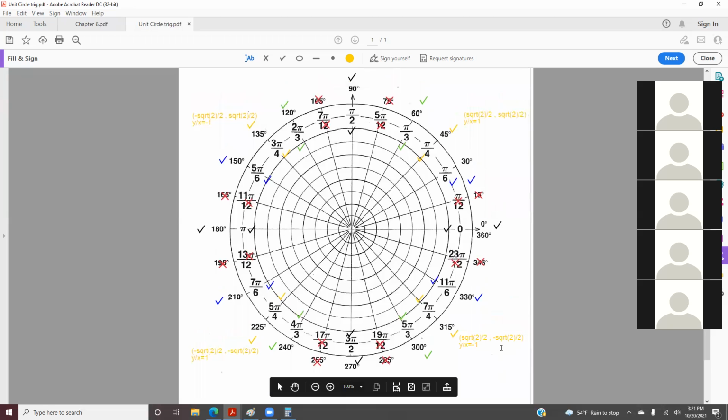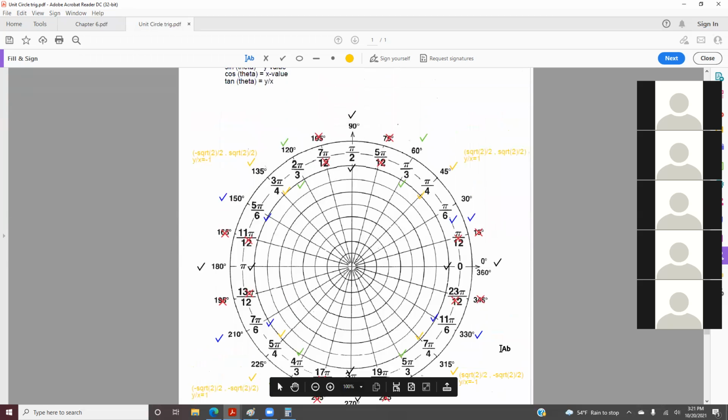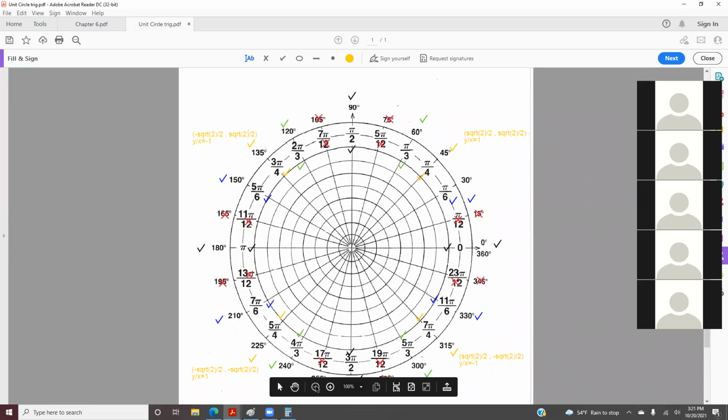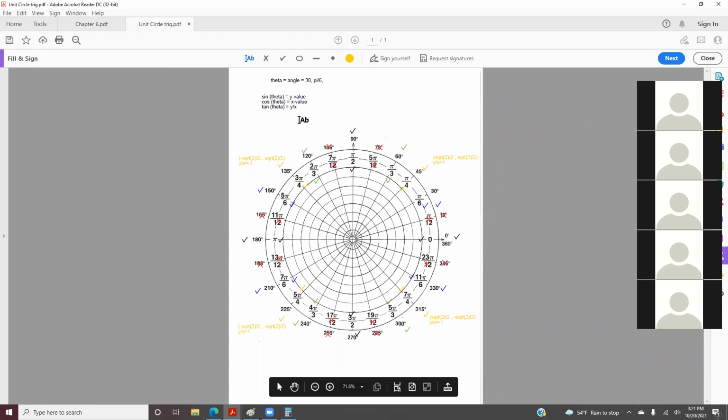So what is going on here, class, is if you look at this value here, if I ask what is cosine 315 degrees, cosine 315 degrees is what? Square root of 2 over 2, because cosine is the x value. Can someone tell me what is the sine of 135? Square root 2 over 2, positive, because sine is the y value, not the x value.